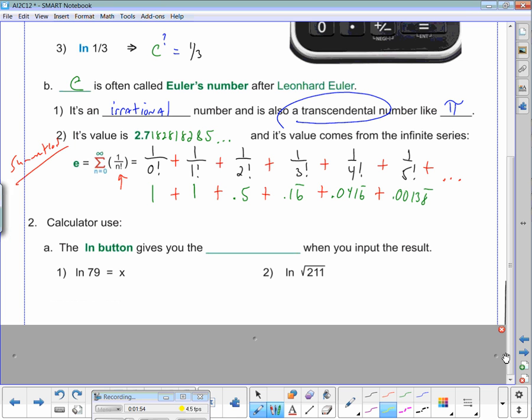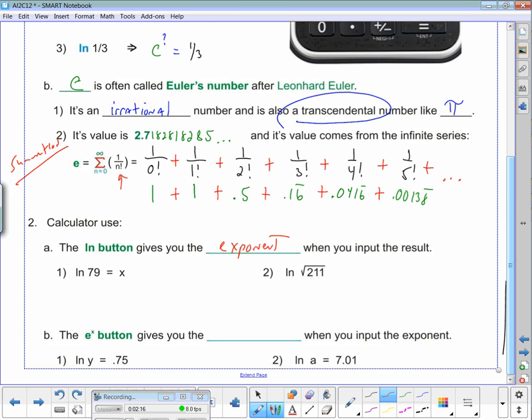All right, so same situation. What does the natural log button do? Remember, logarithms are exponents. So the log button gives you the exponent when you input the result. Let me get this higher for you guys.